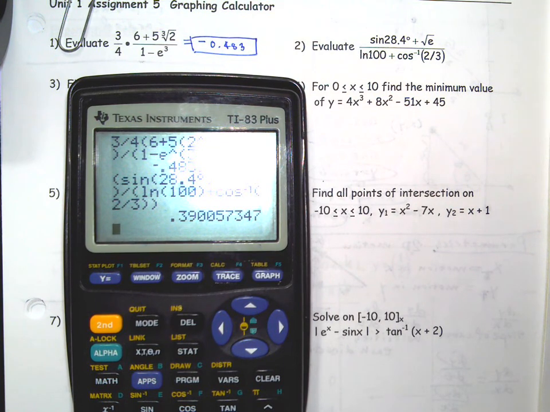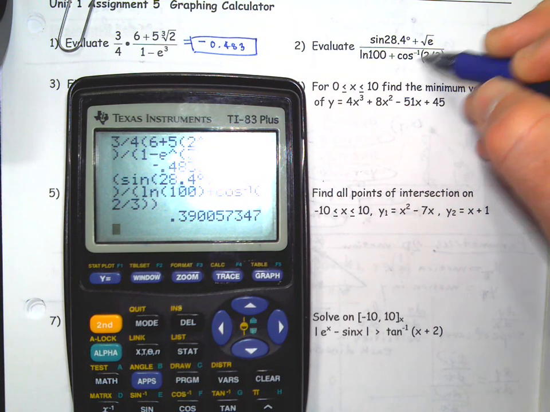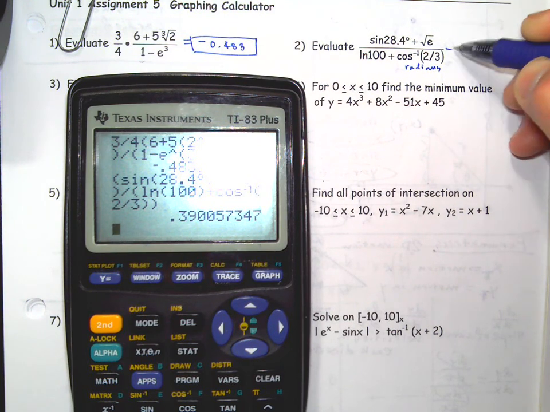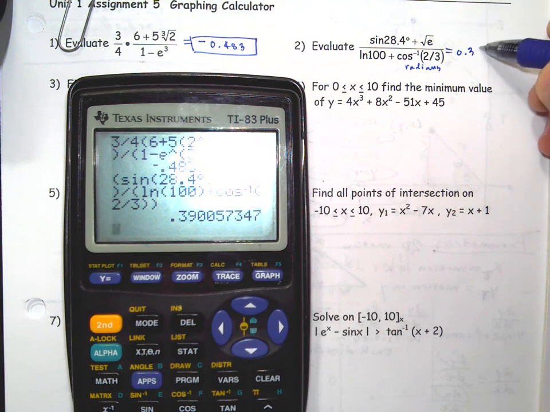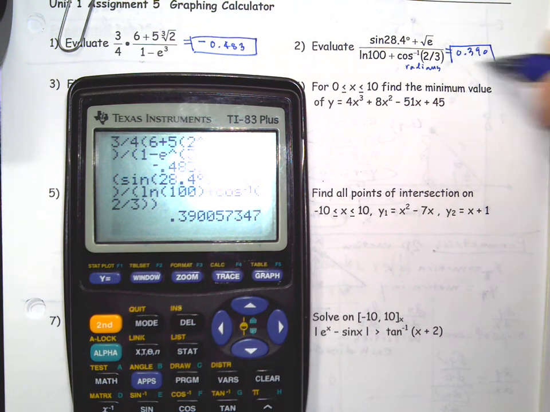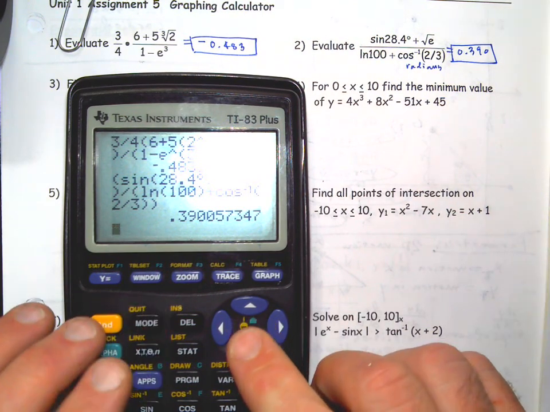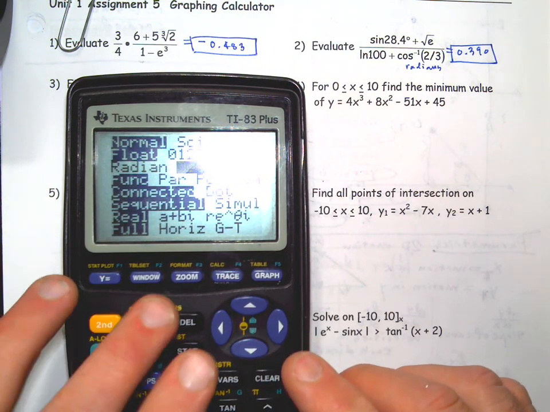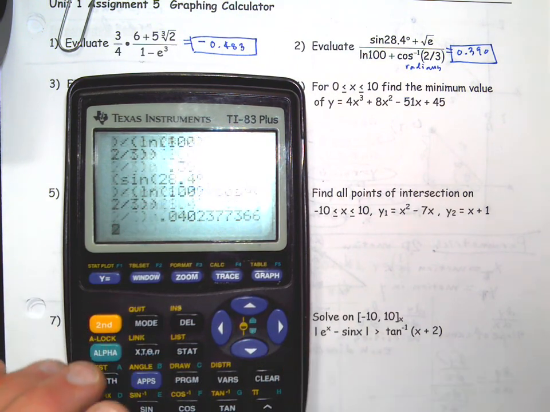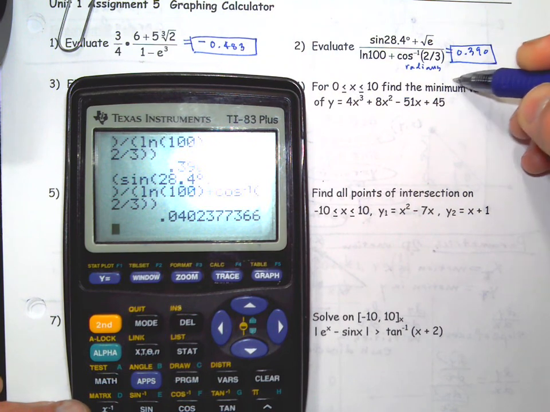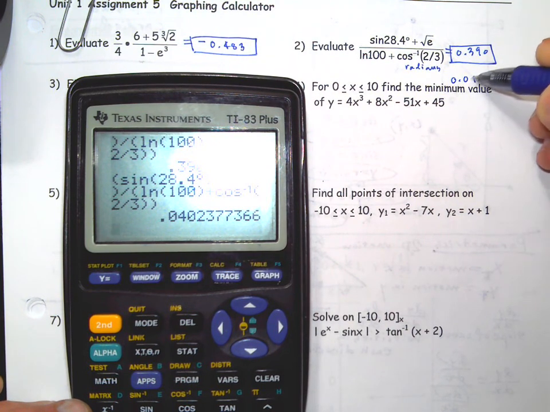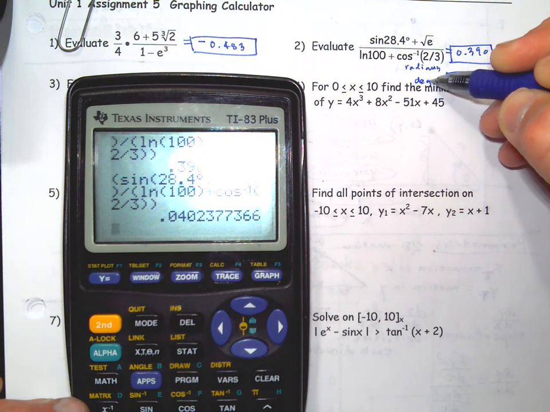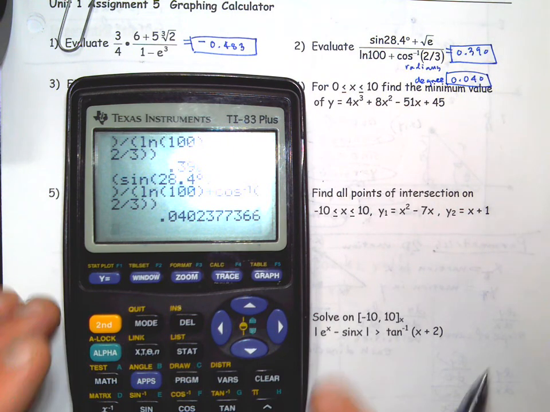If this was radians, then the answer would be 0.390. But if we do it in degree mode, we get 0.040 rounded or truncated. So a little bit of debate.